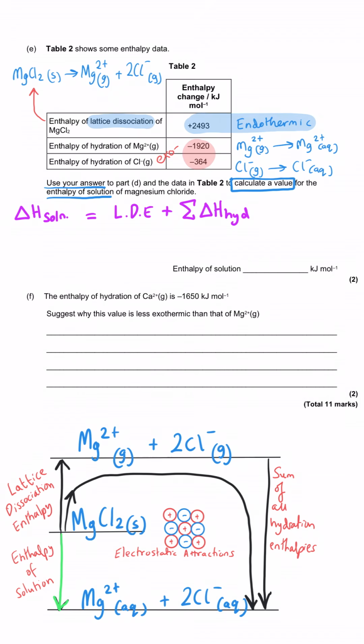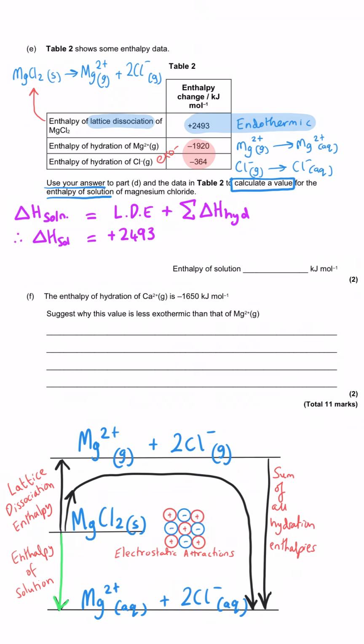And so the answer to part D was just the equation that allowed us to say that magnesium chloride was turning into aqueous ions. What's really important for this question is that we remember what I said about the memory aid, that the enthalpy of solution is equal to the sum of all of the others.